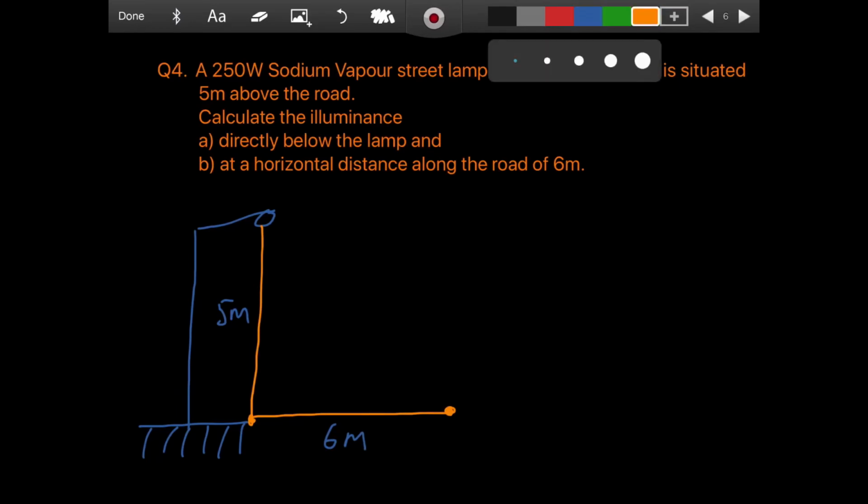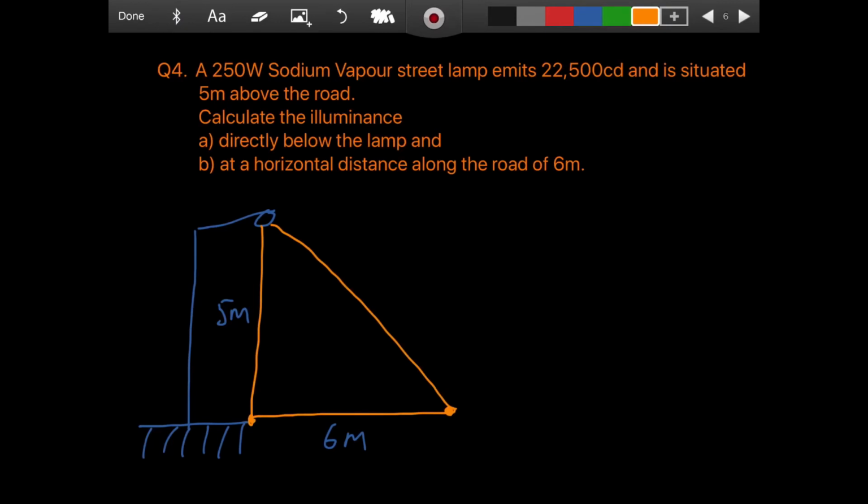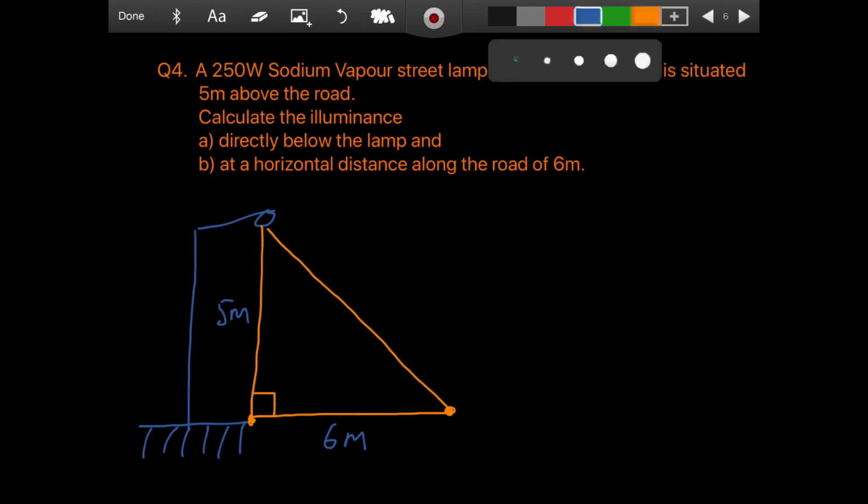And so what we've formed here is a right angle triangle. Actually, that doesn't look very right angle, does it? It's a little bit better, but not much. So our first calculation is going to be quite simple because we're going to calculate at that point there, and later on calculate this point here.